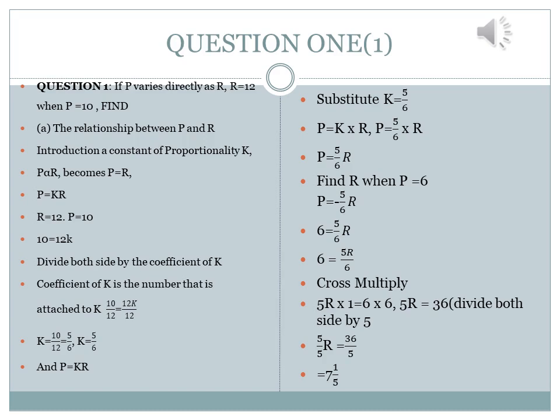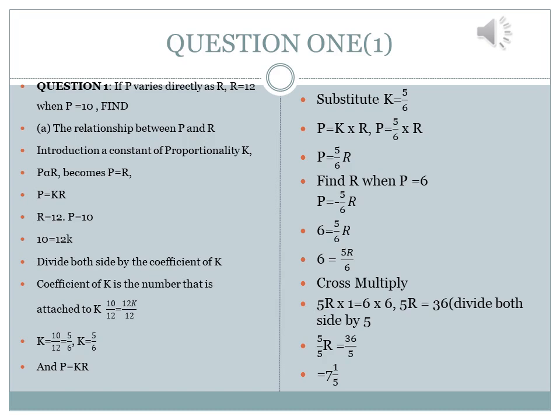So the next thing we need to do is anywhere we see P, we will put 10. And anywhere we see R, we will put 12. So 10 equal to 12K. Then if 10 equal to 12K, we have to divide both sides by the coefficient of K. And as we can see, coefficient of K is the number that is attached to K. And if we look at it very well, the number that is attached to K is 12.